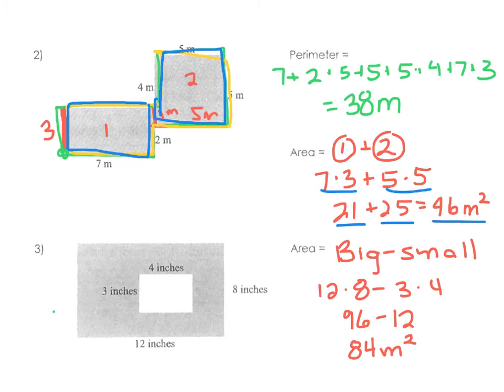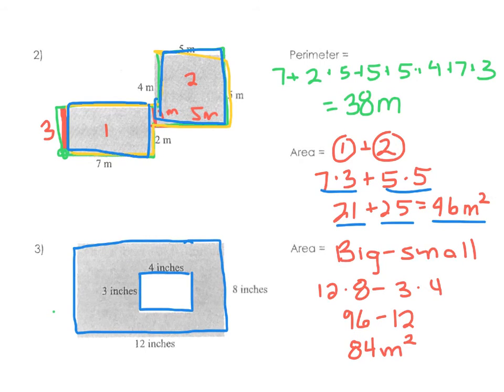Second one was a little bit different, and what I want you to notice about the second one is I'm only asking for the area. Do you see how it's this big rectangle, and there's a small rectangle, but rather than adding the 2 together, what I'm doing is I am taking the area of the big rectangle and I'm subtracting the area of the small rectangle. Just imagine if this was like a wall that you had to paint.